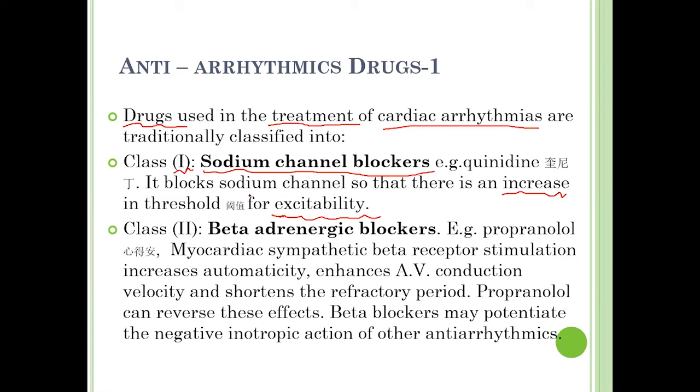And we also have beta adrenaline kind of blocker in there. That's mainly for the somatic nervous system. Beta receptor stimulation will increase heart contractions and increase the heart rate. But if we use the blocker there, we can slow down the rate.